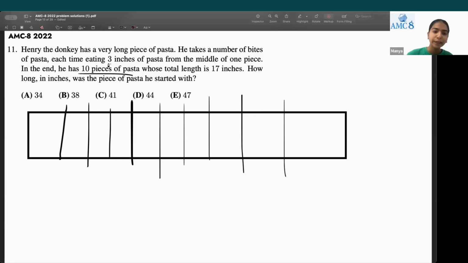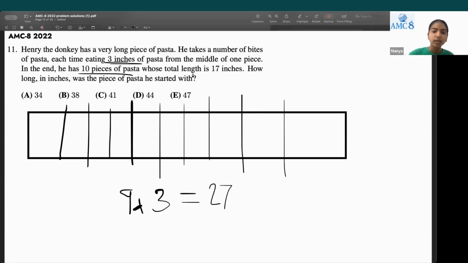And so we know that each bite of pasta is going to be 3 inches. Since each bite will be 3 inches, and he took 9 bites, we do 9 times 3, which is equal to 27.